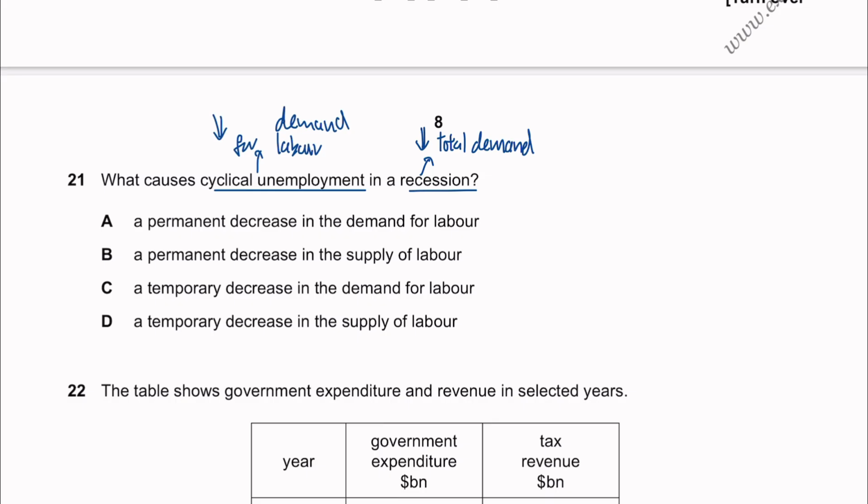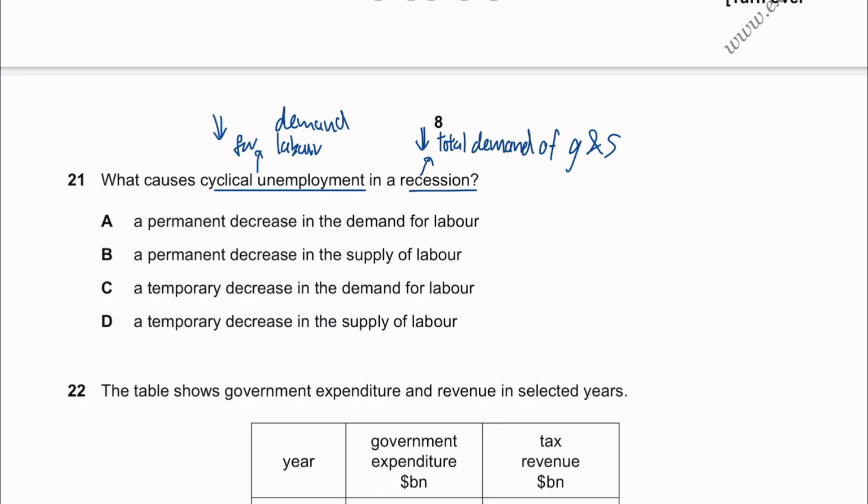Because in a recession, there's a reduction in total demand for goods and services. So firms will cut down their costs by laying off workers. This will reduce the demand for labor and then cause cyclical unemployment.